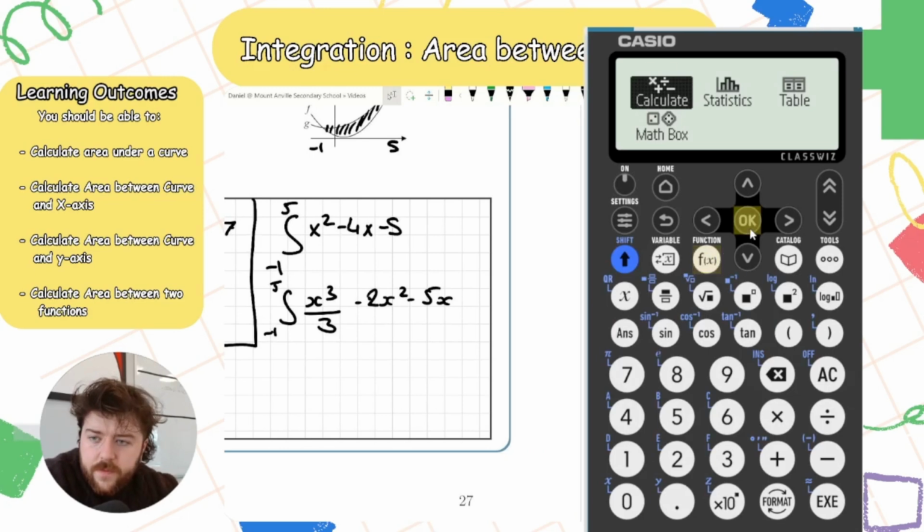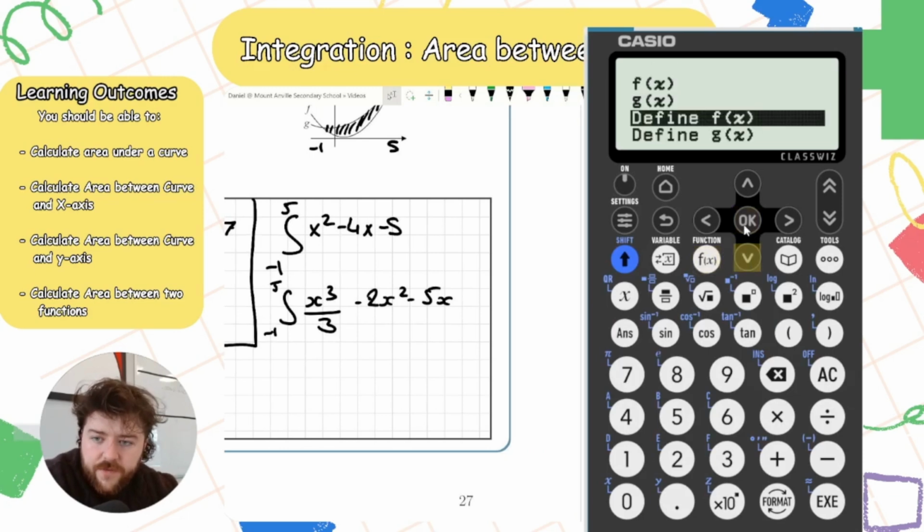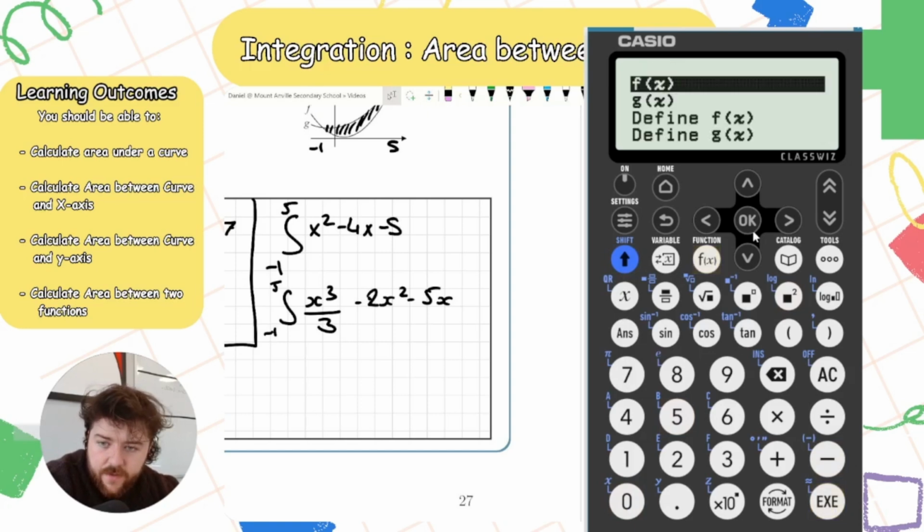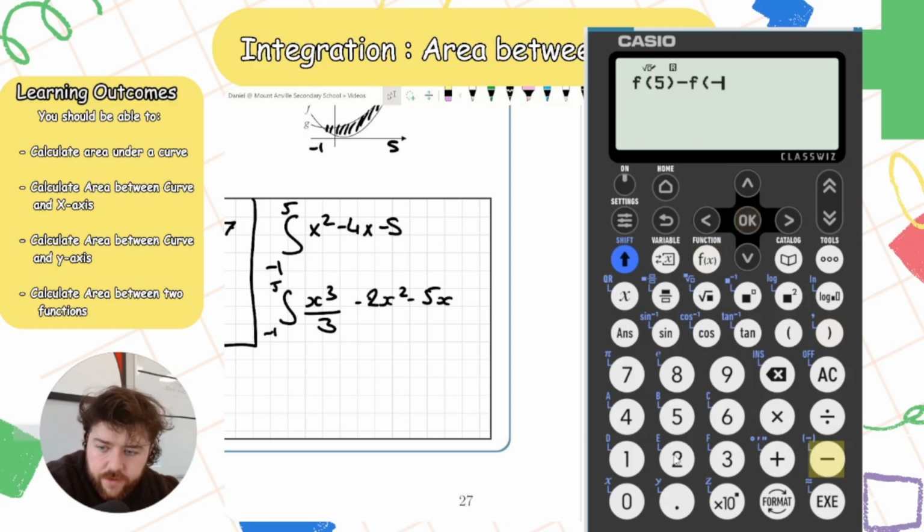I'm going to define my function, which is x cubed all over 3 minus 2x squared minus 5x. There's my function. Then I am now doing f of 5 minus f of negative 1.